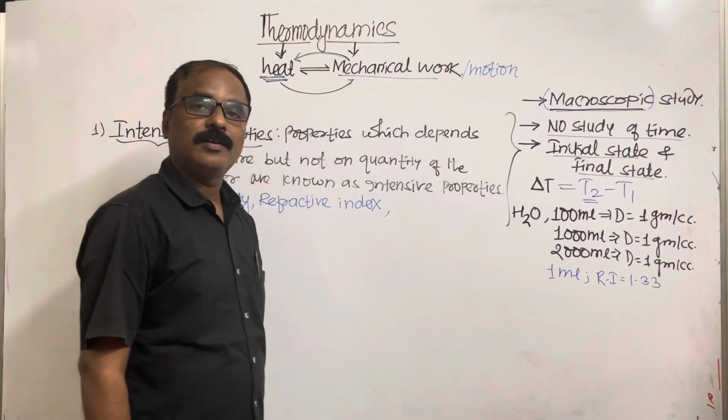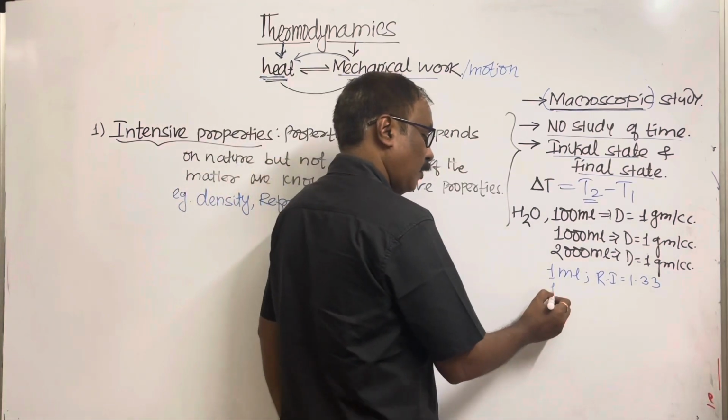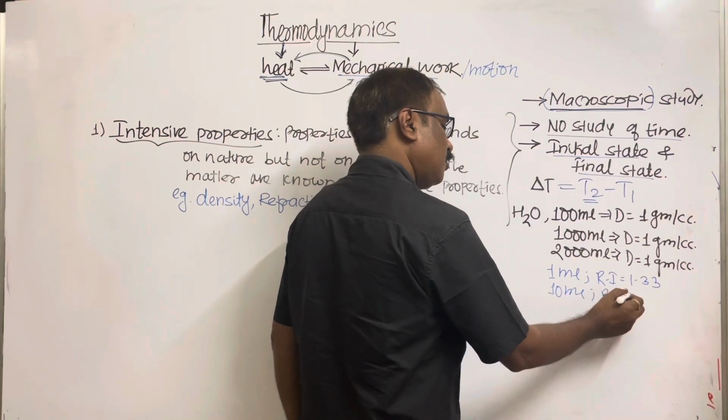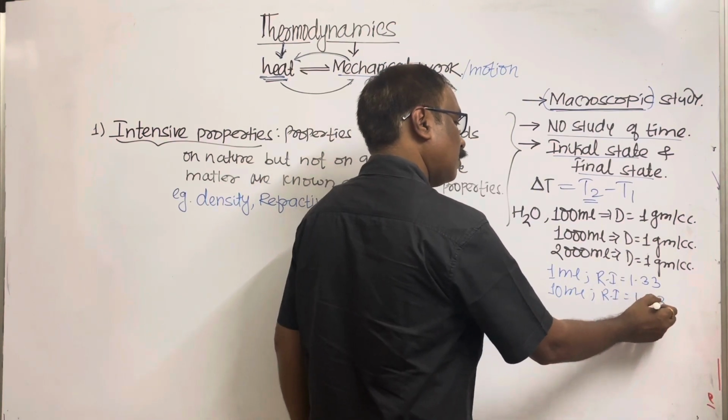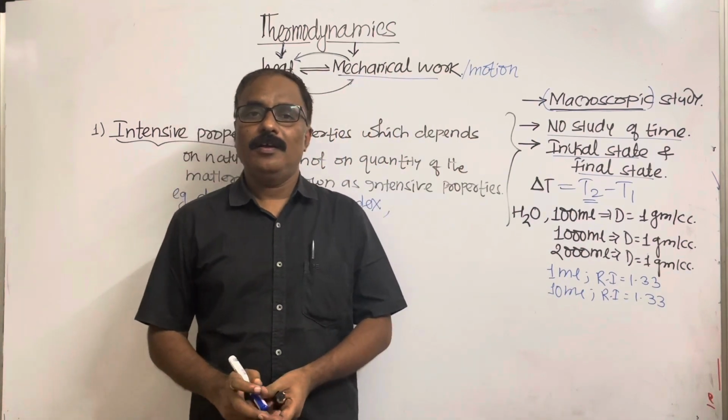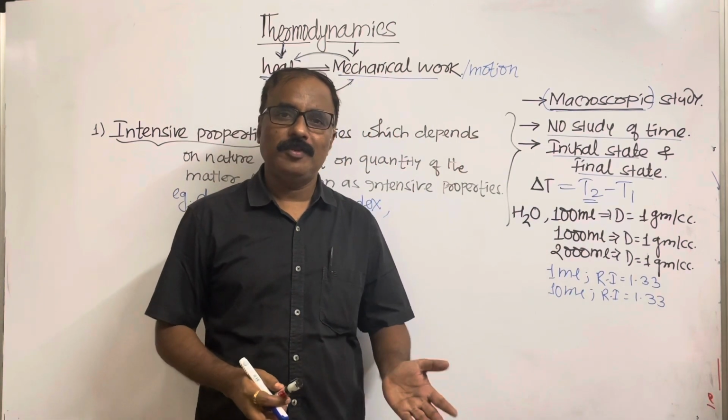1.33. The refractive index of 10 ml water is again 1.33. So there is no change in that; it is an intensive property. It remains the same. It does not depend on quantity of the matter.